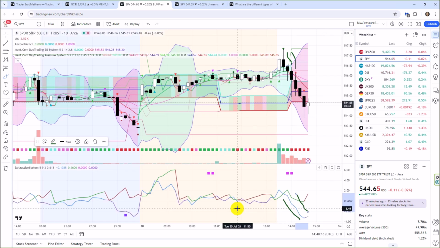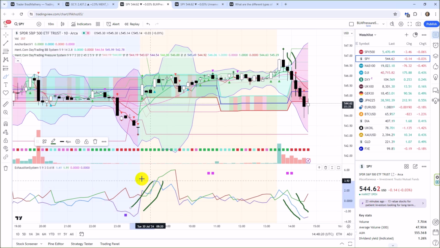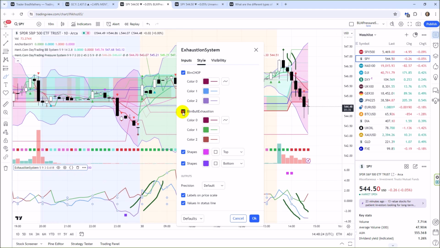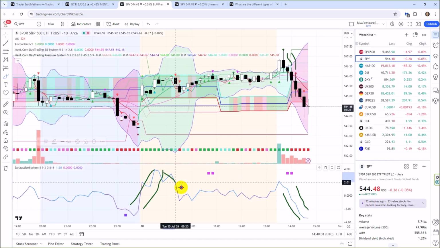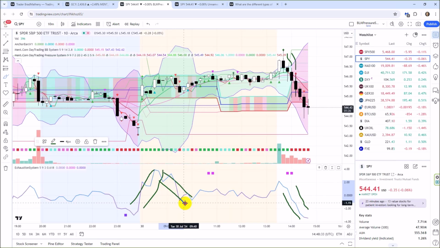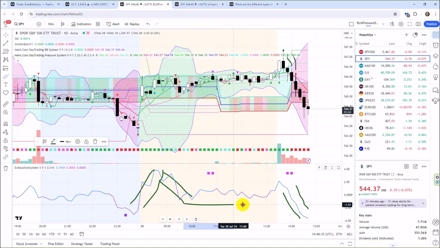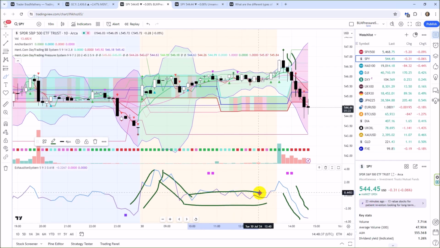Upward trend is going to be designated by growing upward pressure. Let me show you. Downward trending is going to be designated by downward pressure. Consolidation is going to be designated by sideways trending.